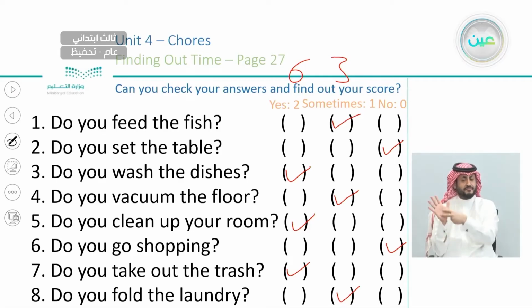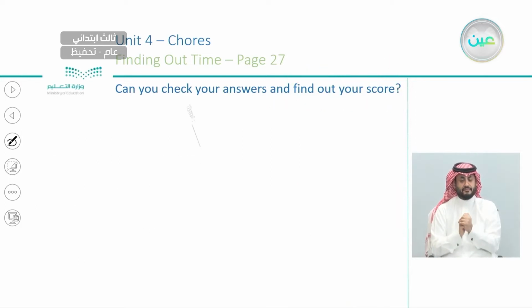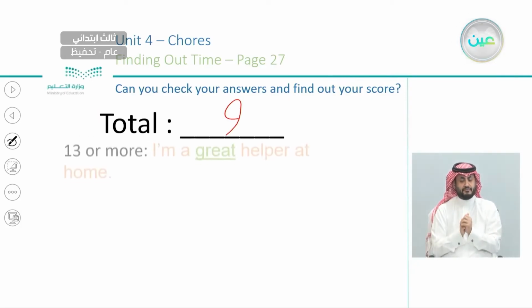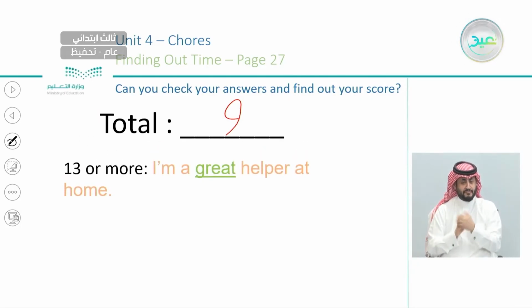So how many points do I have? 9. 6 plus 3 equals 9. Now the total here is 9. If you have 13 or more, I am a great helper at home.